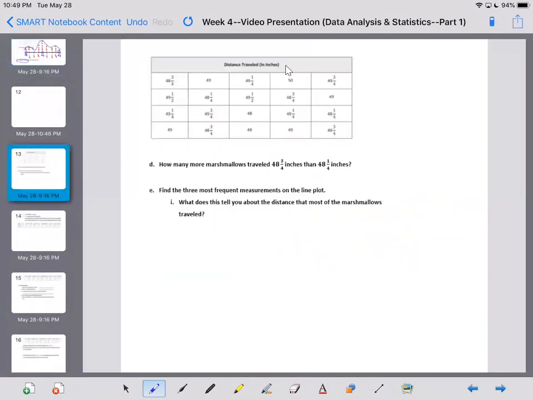So you could say, well, how many marshmallows traveled 48 3/4 inches, then the 48 1/4. So you're looking back at the 48 and 3/4.